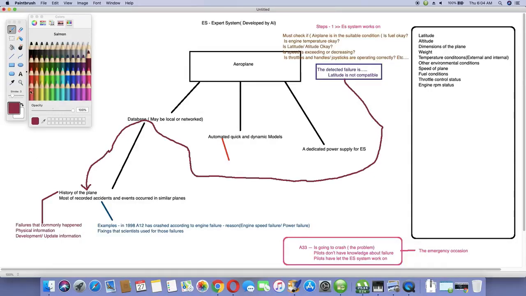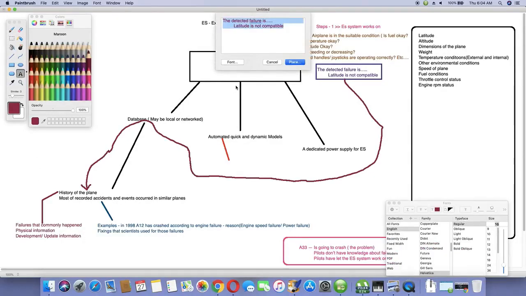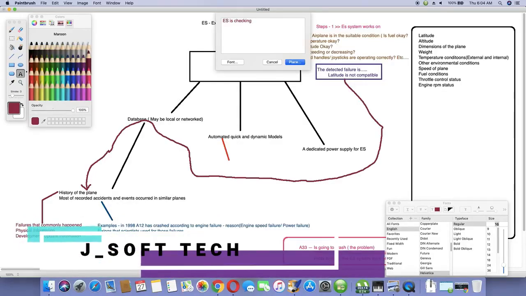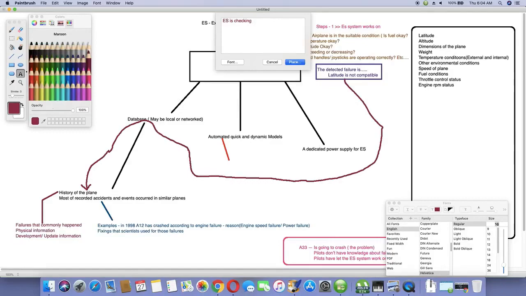The ES system is checking now how many times that failure has occurred.